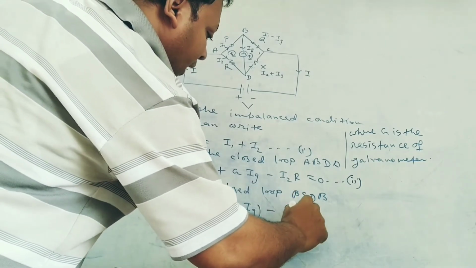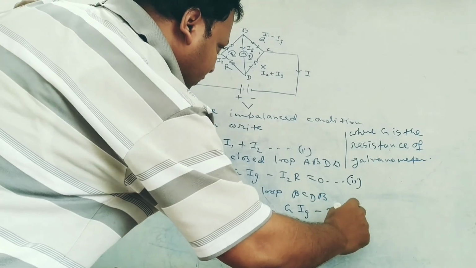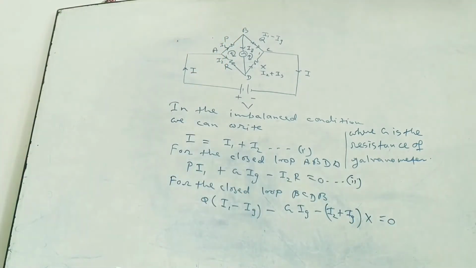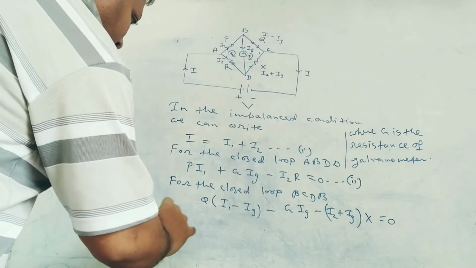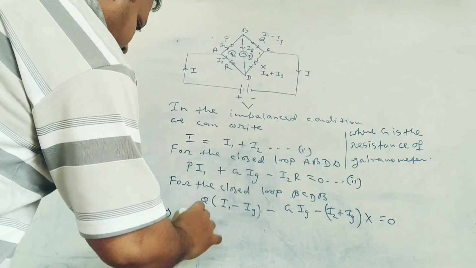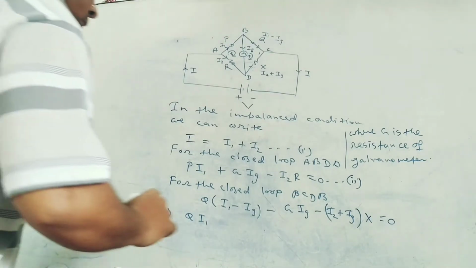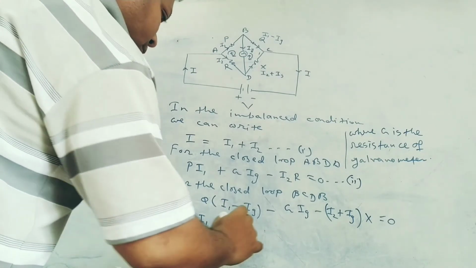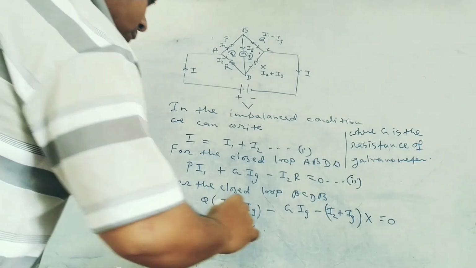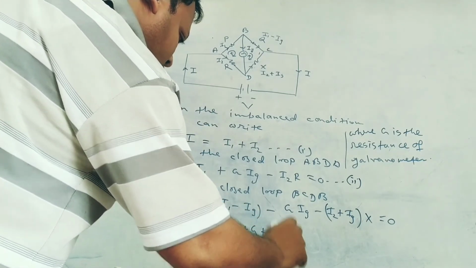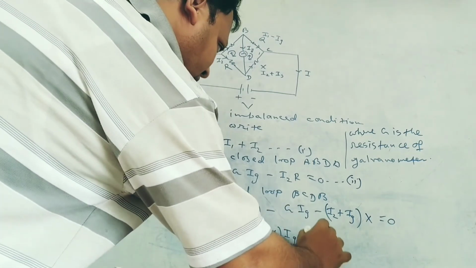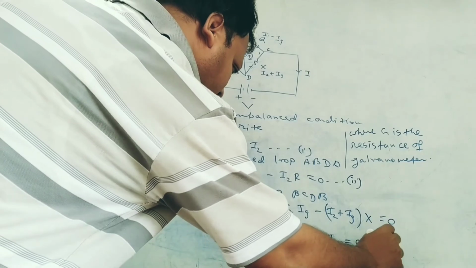That is, G into Ig minus I2 plus Ig whole into X is equal to 0, because in these two loops there is no EMF. That's why we can write Q into I1 minus Q plus G plus X whole into Ig minus X into I2 is equal to 0. Equation number 3.